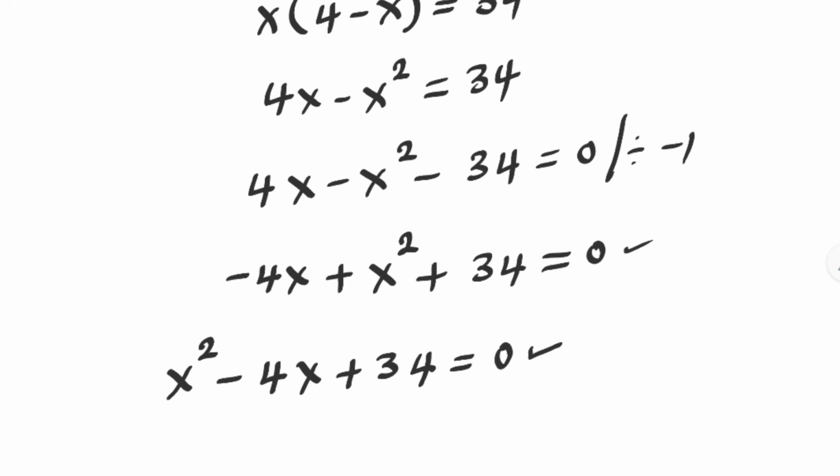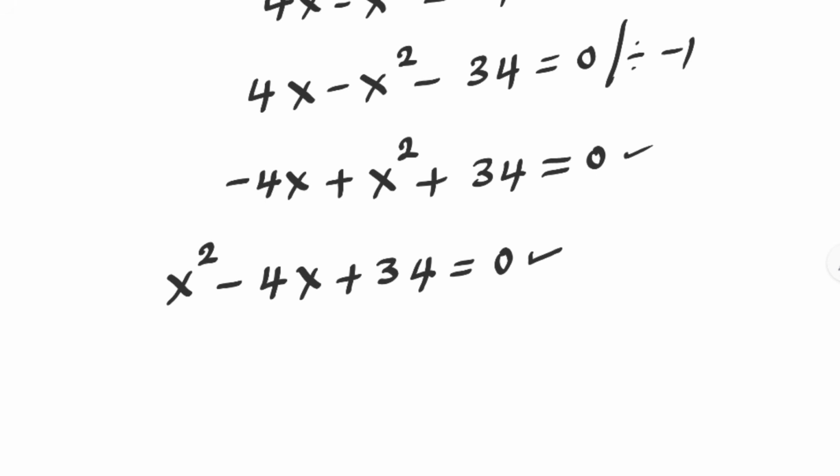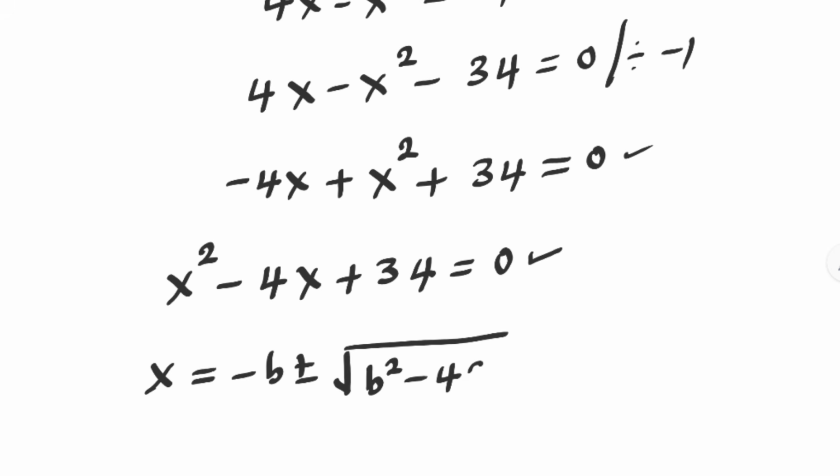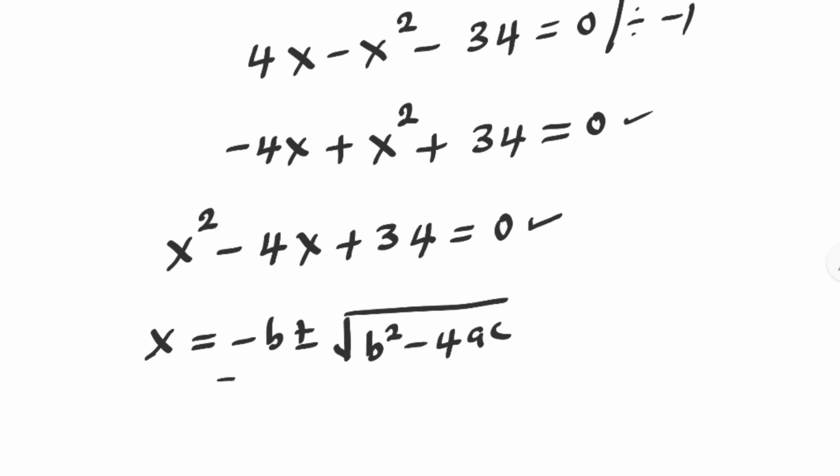Now let us solve this using quadratic formula. x is equal to minus b plus or minus square root of b squared minus 4ac, divided by 2a.